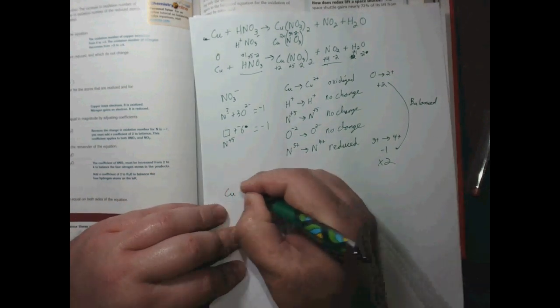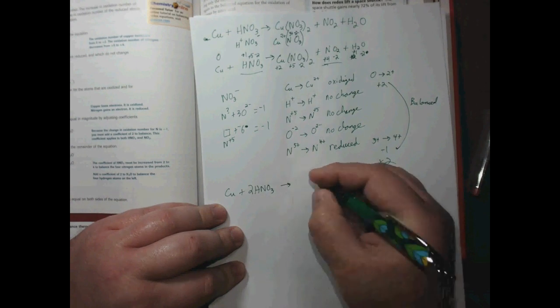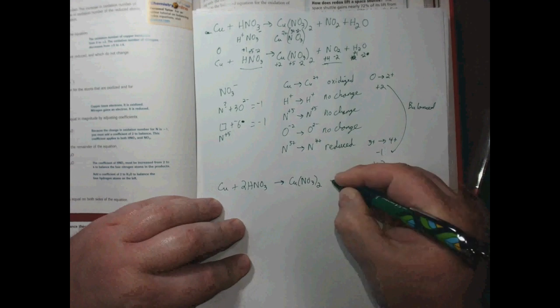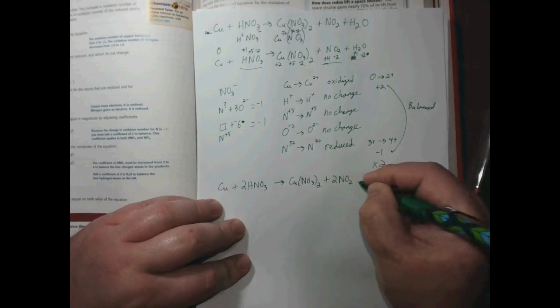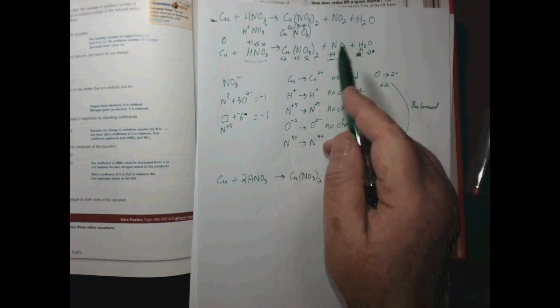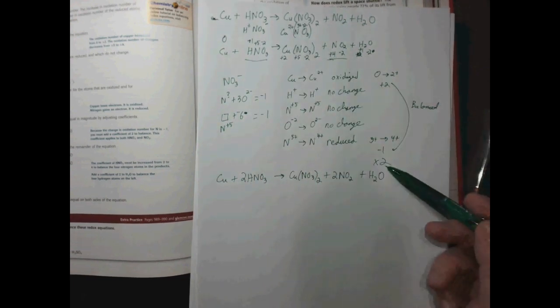So we still have Cu plus 2HNO3 yields Cu(NO3)2 plus 2NO2 plus H2O. So it has to apply to both, which it came from and which one it went to. That's why we multiply both of these by 2 and not just this one.